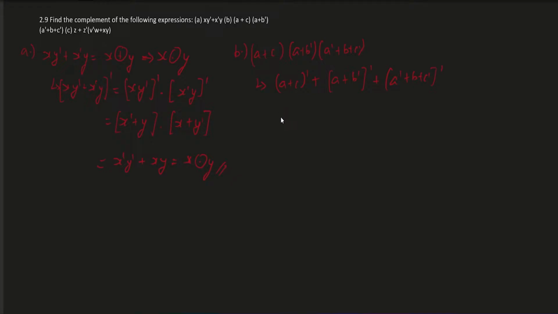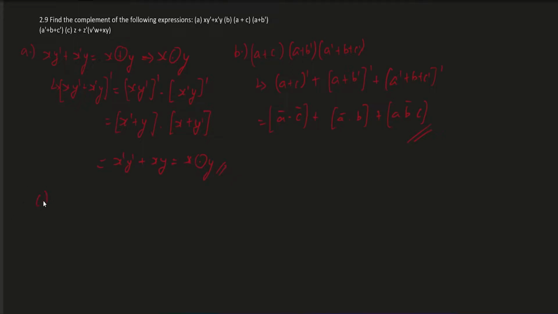Again taking De Morgan's theorem it will be a bar into c bar plus a bar into b plus a into b bar into c. So this will be our final answer.